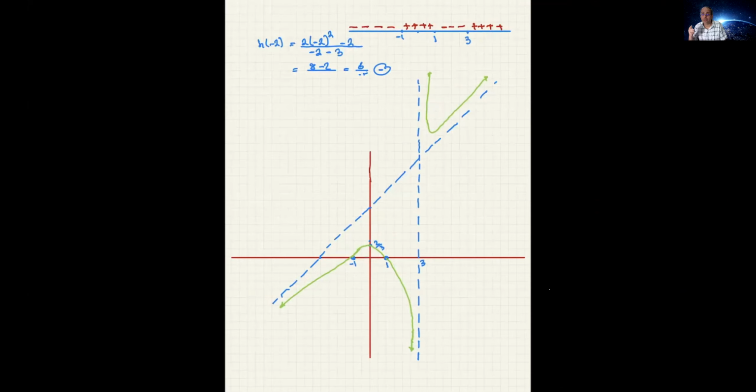Find the vertical asymptote, horizontal asymptote, or slant asymptote. Figure out whether the function crosses or doesn't cross the slant or horizontal asymptote. Test the intervals, and then finally you graph the function based on this information.